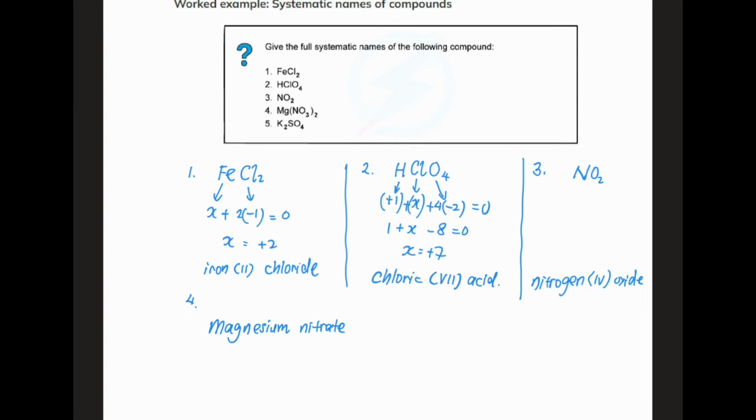Even nitrogen also, we are not going to care about that. So magnesium nitrate will be just enough already. Okay, and how about number 5?